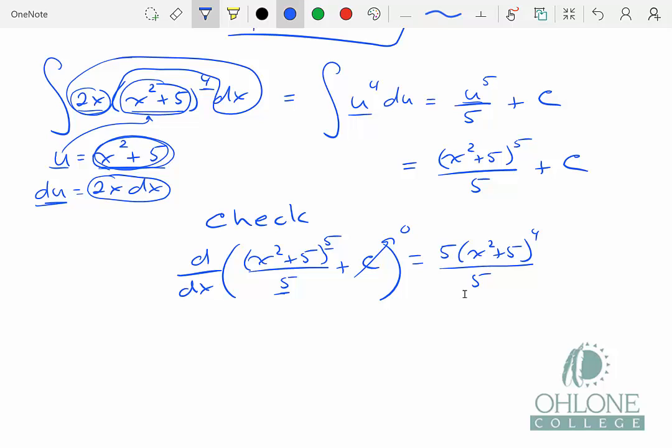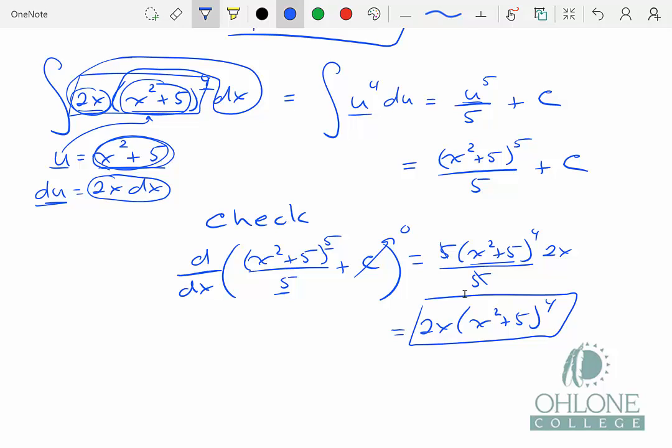And then I would have to multiply that by the derivative of the inside function, which is 2x, and the plus c goes to 0. Here the 5's are going to cancel, and I could rewrite this as 2x times x squared plus 5 raised to the 4th power. And I can see that the derivative here matched what my original function that I was trying to integrate would be.